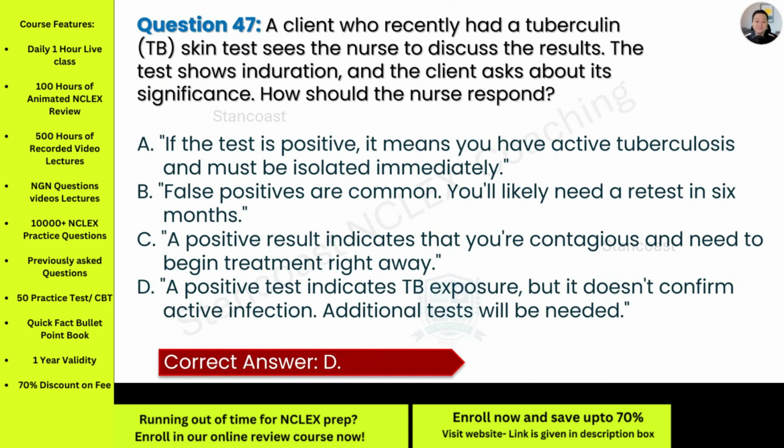A positive test does not confirm active TB or infectiousness, and so immediate medication is not required. So you have to focus on the purpose of a TB skin test, and remember, it identifies exposure, not active disease, and use the process of elimination to discard the answer suggesting immediate isolation or delayed action.